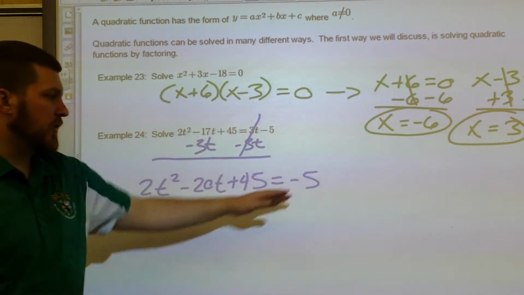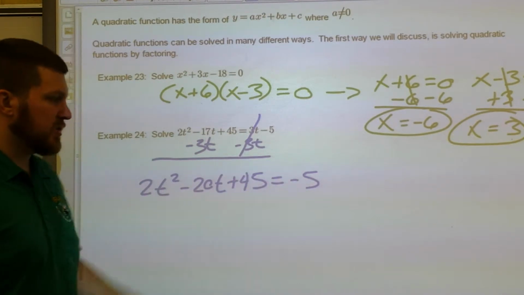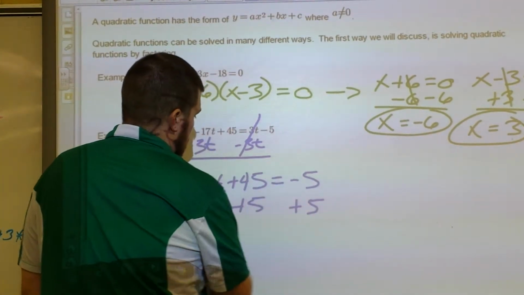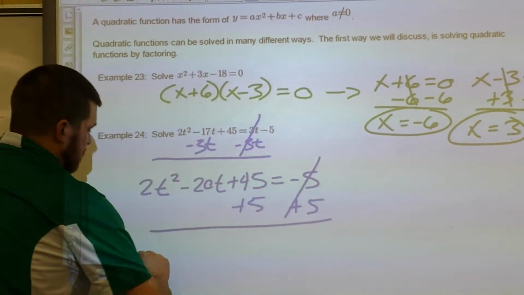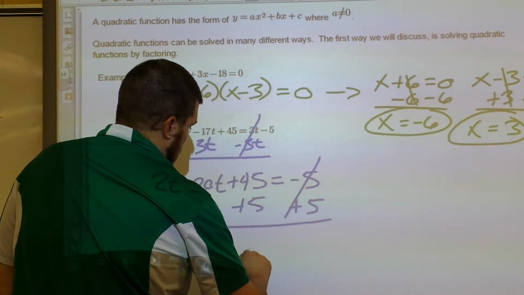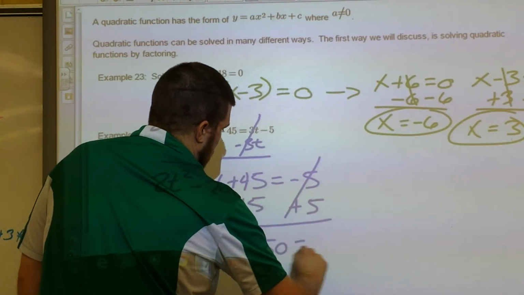Now I'm going to take negative 5 over to the left by adding. Those cancel out, so 2t squared minus 20t plus 50 equals 0.